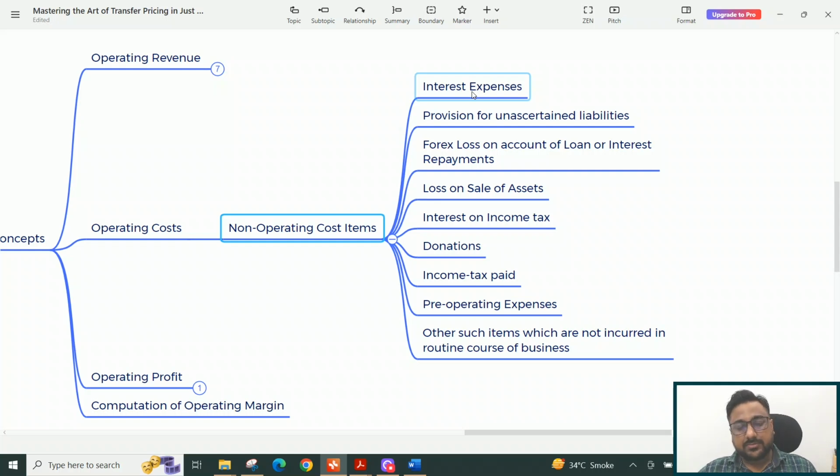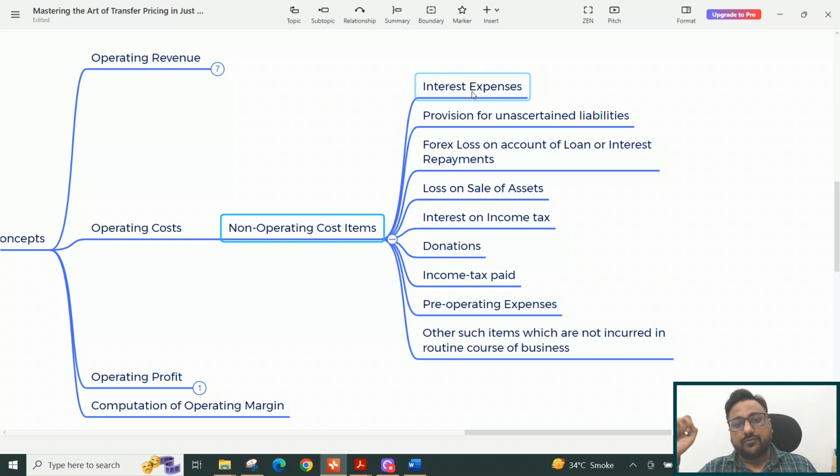There has been controversy about including interest on working capital loan, but I would remain on the conservative side: you should not include the interest expenses, whether you have paid that interest on a loan towards purchase of a fixed asset or for any other purpose like a working capital loan. You should always exclude that, because financial charges are not directly related to the operations of the business. That is the general TP position.